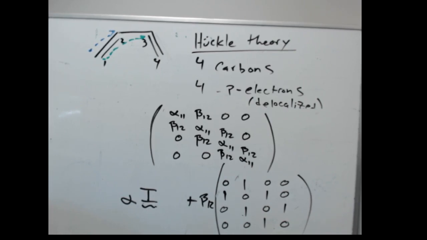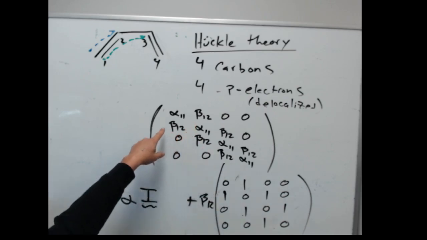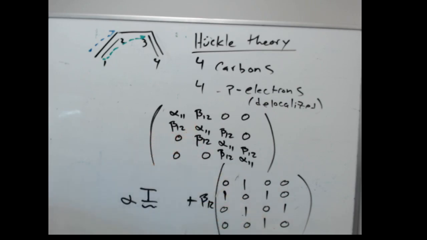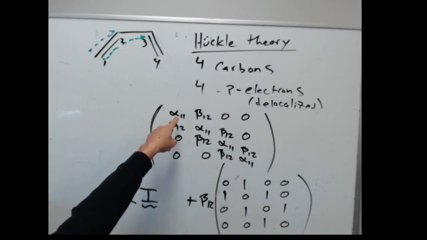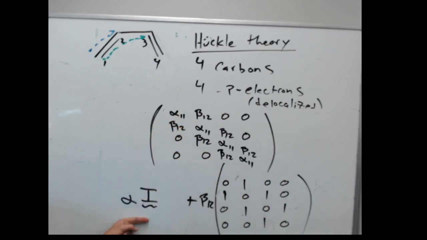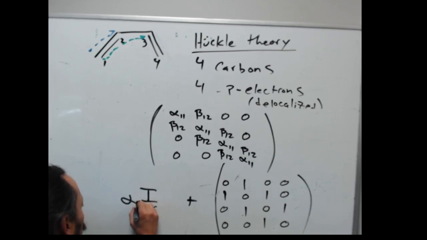Let's look at the particular 4 solutions. There's several different ways to simplify this. The way that, and I'm going to send this link out right after this, the way that Chem353 does it is it divides everything by beta, so you get ones along here, and then you get this alpha over beta term along the diagonal. So it just essentially divides this by beta, and you're going to have your alpha 1, 1 divided by beta 1, 2.